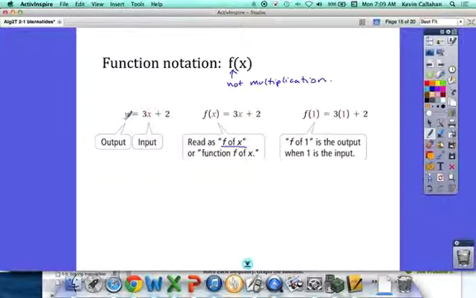So notice these two. The first one, y equals 3x plus 2, we should recognize as a basic linear equation, y equals mx plus b. But in the second one, instead of a y, you have f of x, because the y and f of x are interchangeable. It's the same thing. Right.